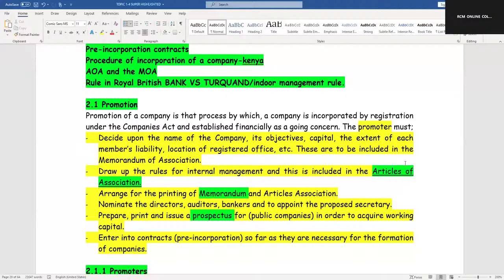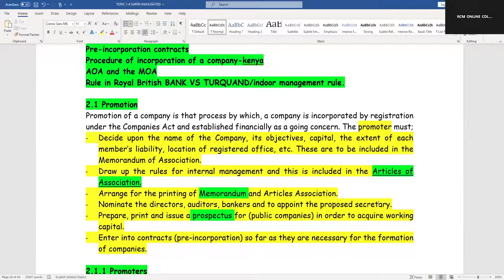These contracts we call pre-incorporation contracts. We know what pre means, just before the company is incorporated. Remember, we conclude that the company has come into existence, has been born, when the registrar of companies, after all this process by the promoter, has issued a certificate of incorporation.